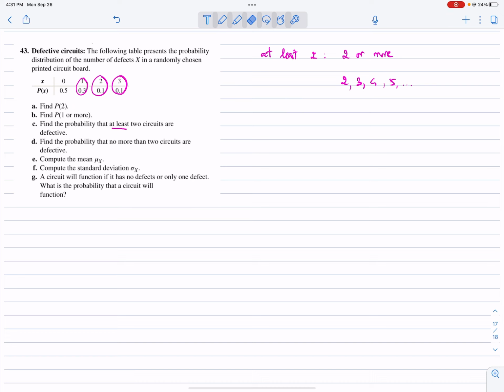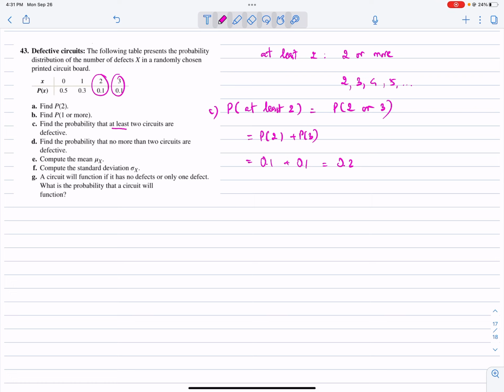In this case, at least 2 means the probability of 2 or 3, because we only have up to 3. So we will find the probability of 2 and the probability of 3, then we add them up. We look at the table. So we have these two numbers, and that is 0.2 when you add them up.